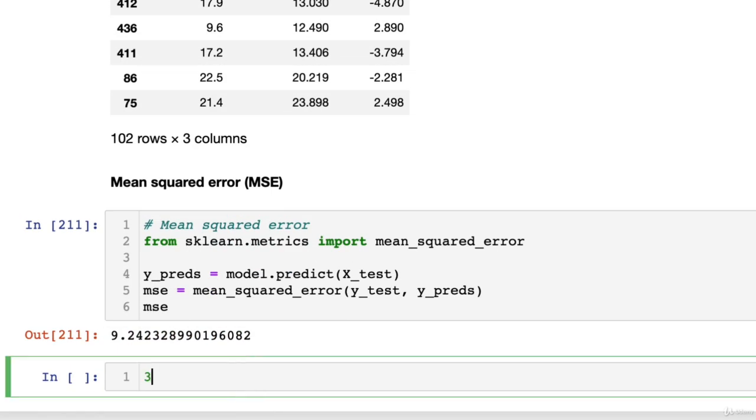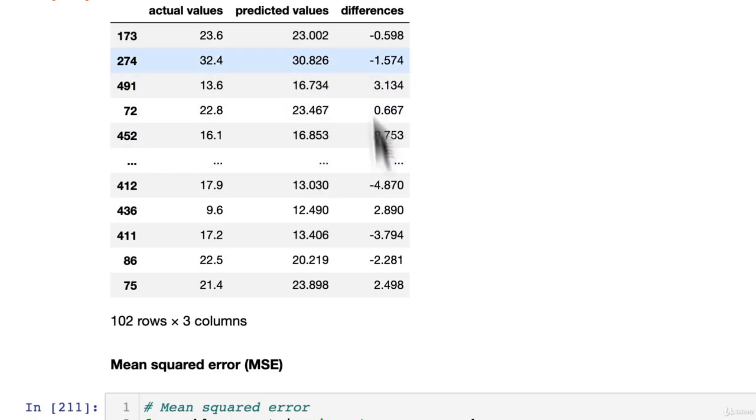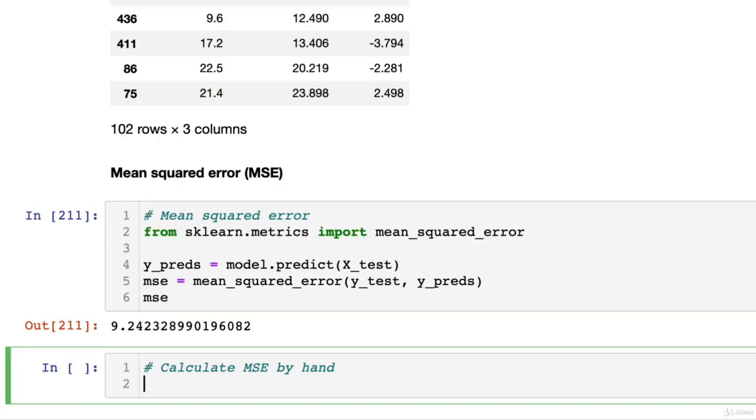Actually, we might just do it. So let's see if we can. Calculate MSE by hand. Now this is dangerous, right? We're going off the record here. So all we have to do is take the differences here. So actually df["differences"], we need to square that. Actually, might do here. So np.square, is it np.square? Yeah, np.square of df["differences"], and then should be able to call the mean on that.